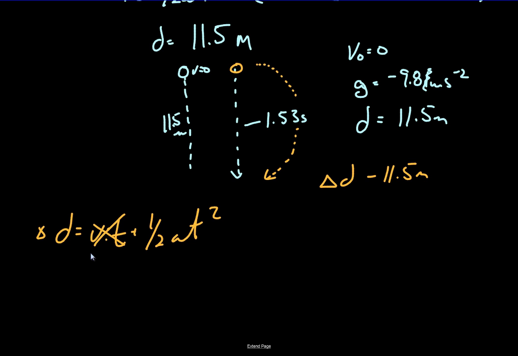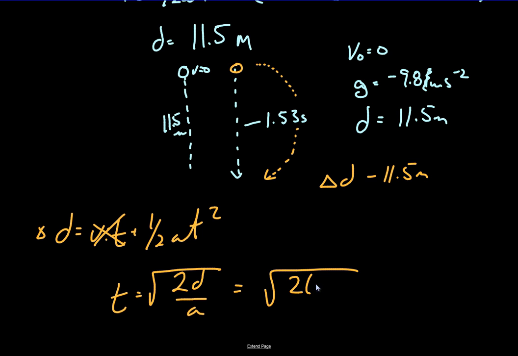And we're going to rearrange this formula. So t equals the square root of 2 times d divided by a, which should be the rearrangement of this formula to solve for t. So what do we get? 2 times negative 11.5 meters divided by negative 9.8 meters per second squared, and we'll see what we get.